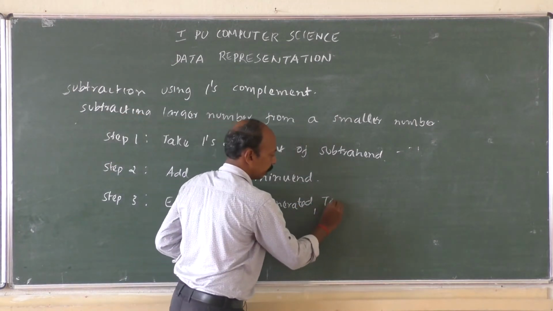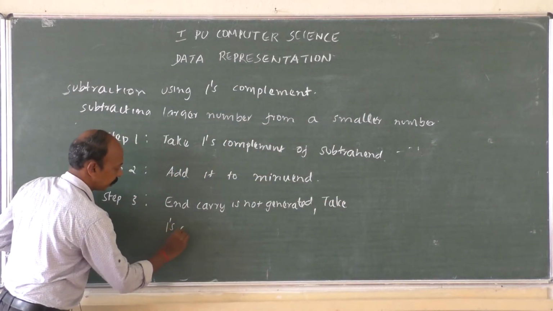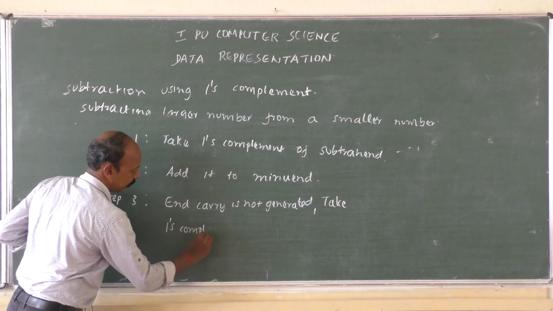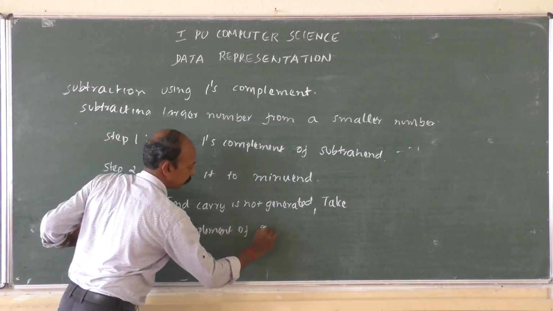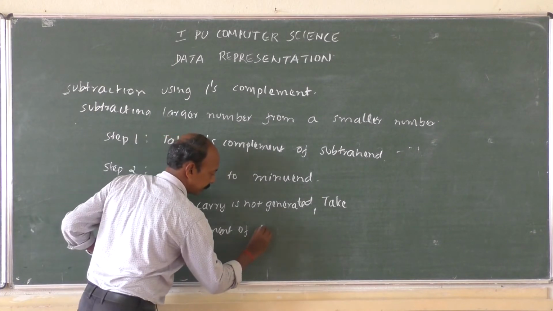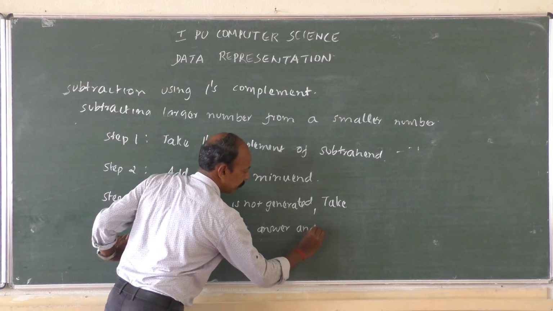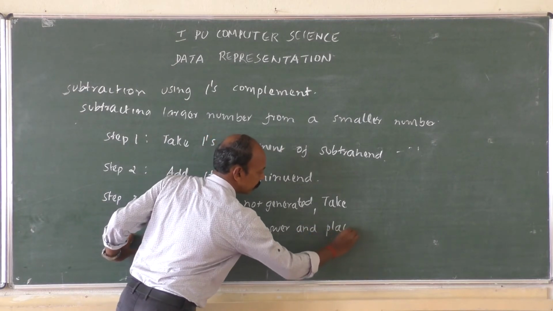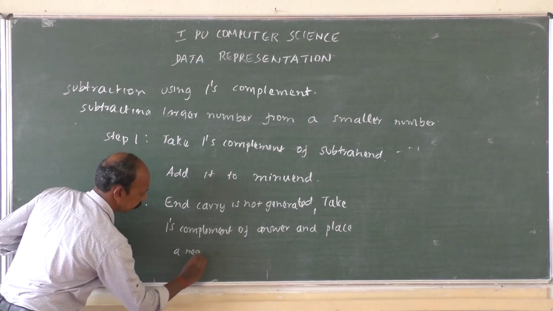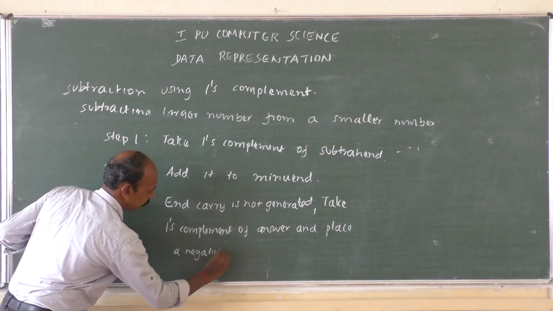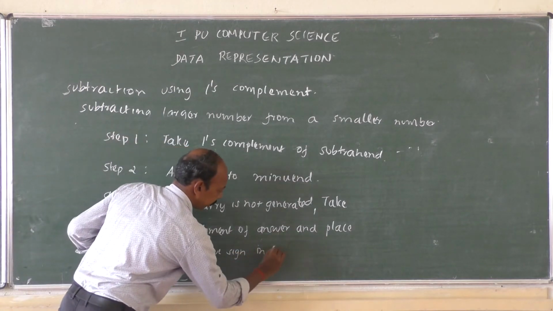Take ones complement of ones complement of the answer and place a negative sign in front of it.